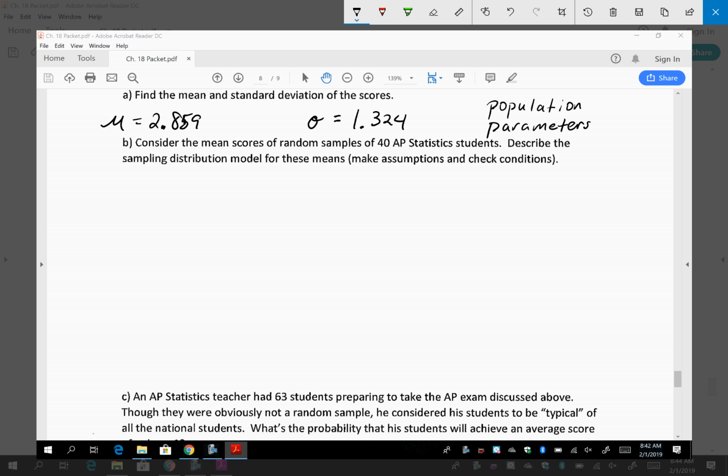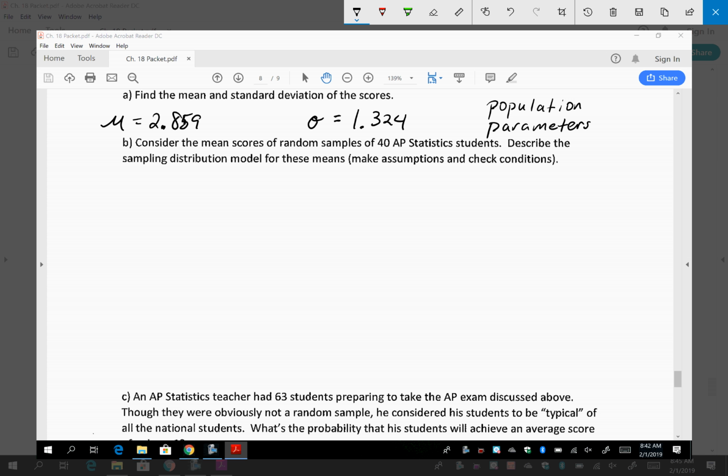Population parameters, sample statistics. So imagine that if you have this pool of students, all the students are in this pool and they're scored, not literally, right? All of them are in this group. And I'm going to take a sample of 40. A sample of 40. Do it over and over and over again.